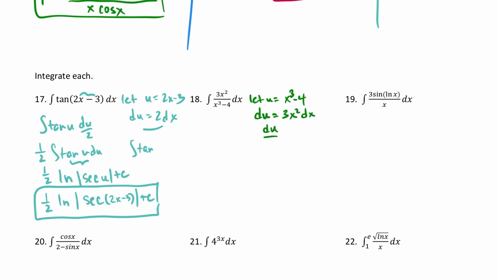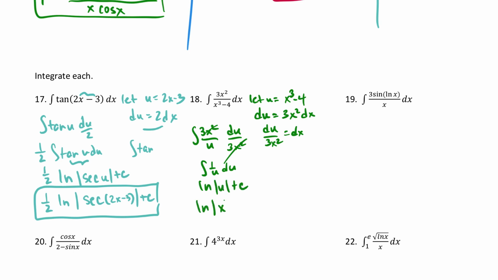So du over 3x squared equals my dx. So now I got the integral of 3x squared over u and my du over 3x squared. So these conveniently reduce out, and I get the integral of 1 over u du. So this is ln absolute value of u plus c, which is ln of x cubed minus 4 plus c when I substitute that back in.